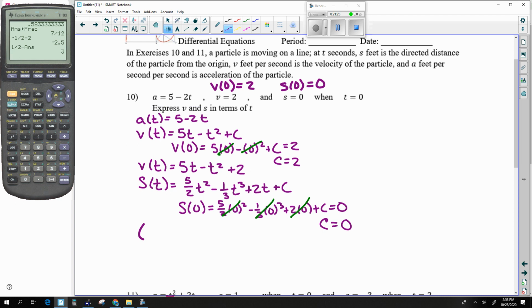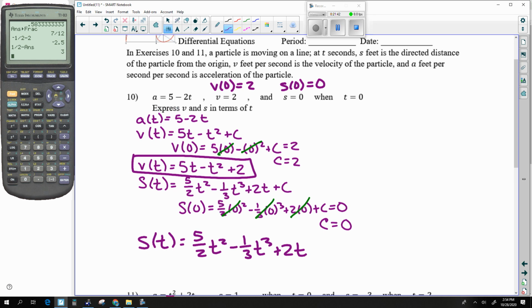So that means the position equation has plus 0. So I have the velocity equation and the position equation in terms of t.